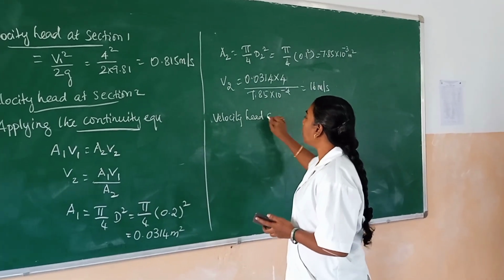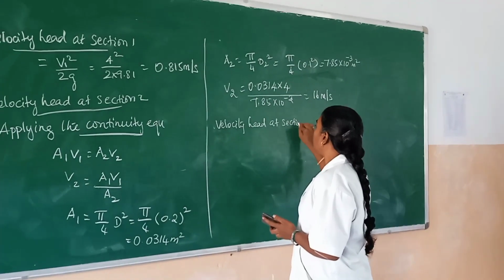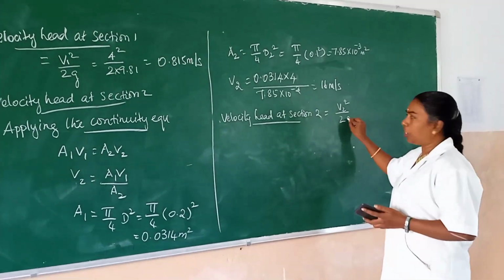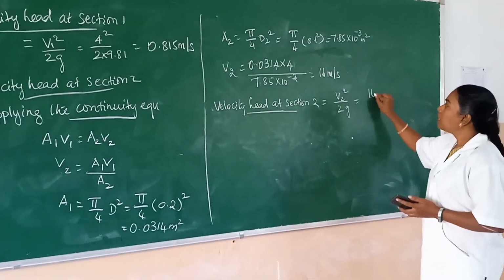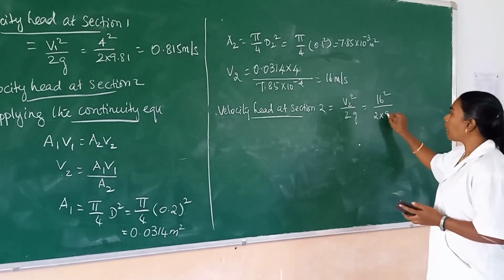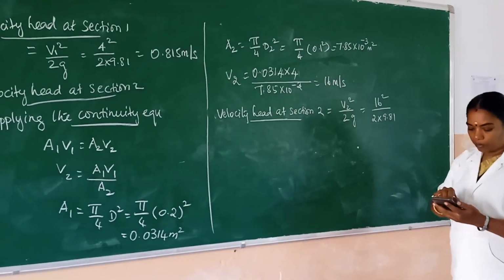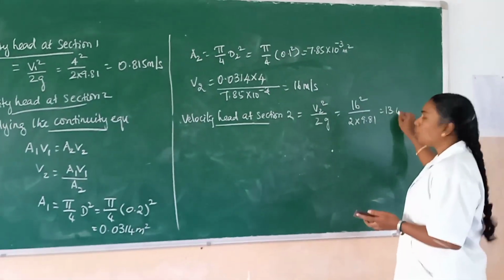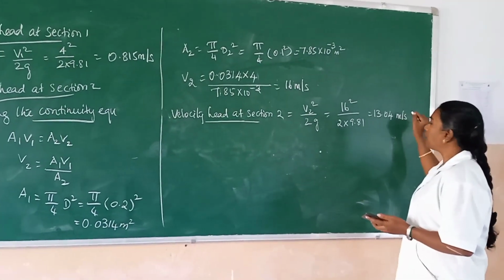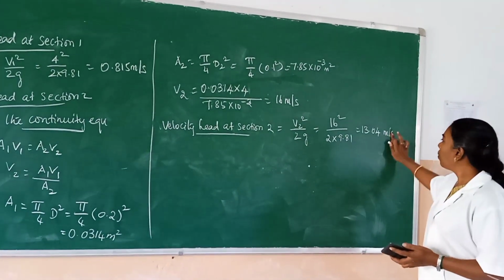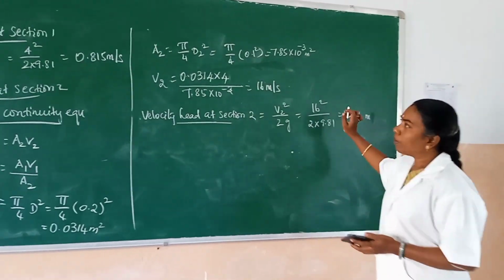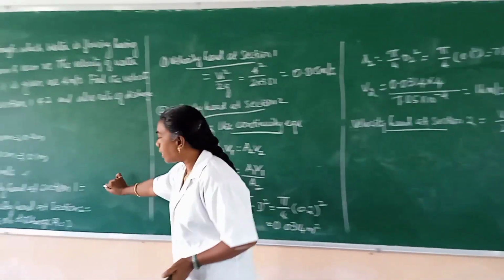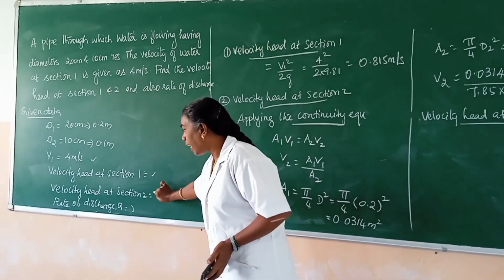Velocity head at section 2 is equal to V2 squared by 2g, so 16 squared by 2 into 9.81, which is equal to 13.04 meter. So we found the velocity head at section 1 and the velocity head at section 2.